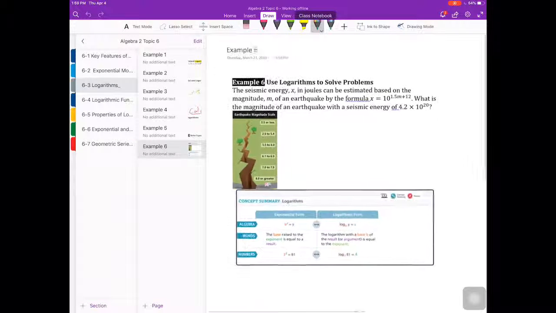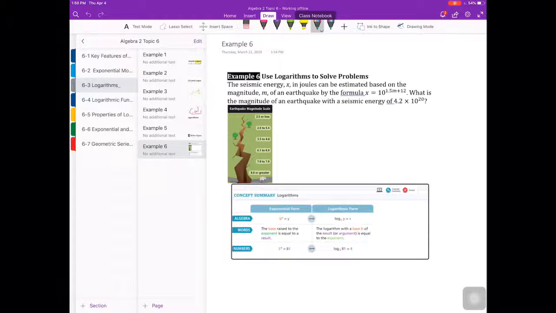Okay, finally, we're going to use a log in a word problem. The seismic energy x in joules can be estimated based on the magnitude of the earthquake by this formula. What is the magnitude of an earthquake? So we're going to replace x with the seismic energy of 4.2 times 10 to the 20th.